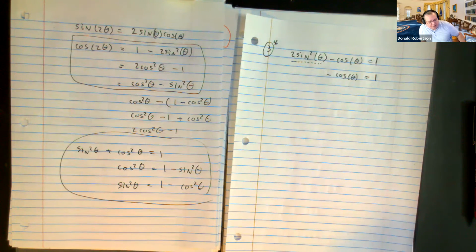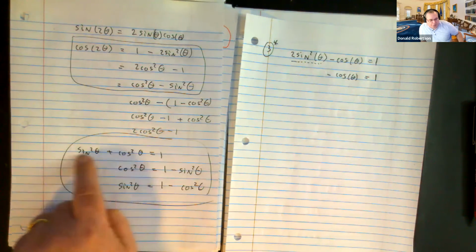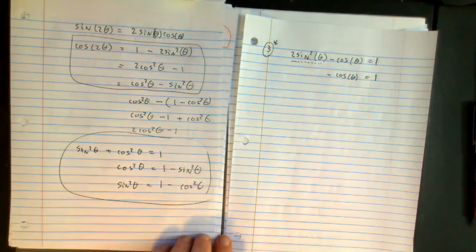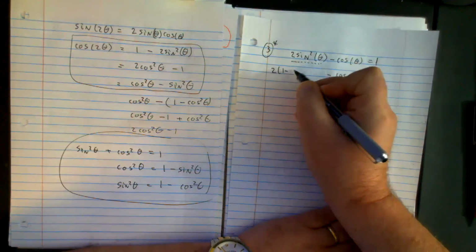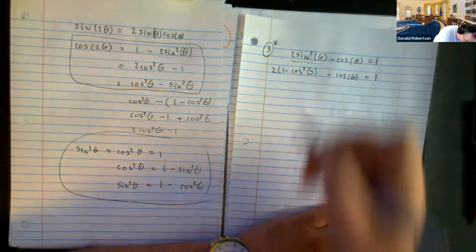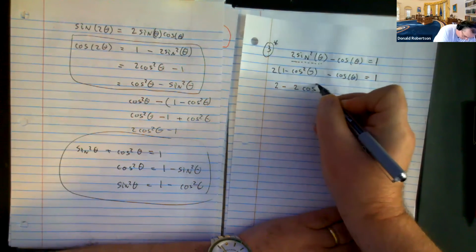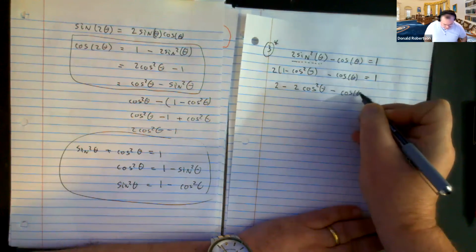I'm going to look over here and say, well, that's not much use. Nope, nope. That'd be 2 minus 2 cosine squared. So it's going to be 2 lots, just like you said. And so it's going to be 2 take away 2 cosine squared theta, take away a cosine theta equals 1.